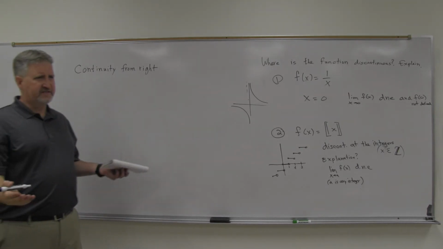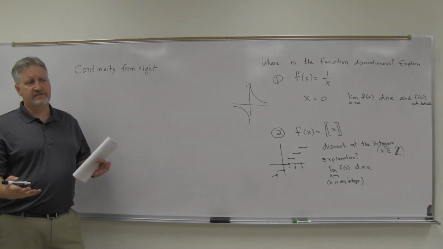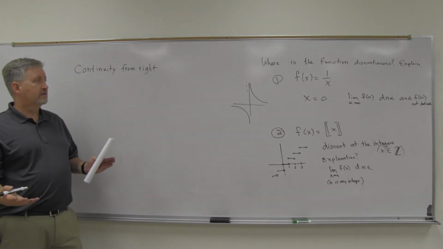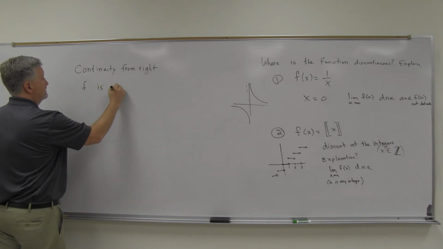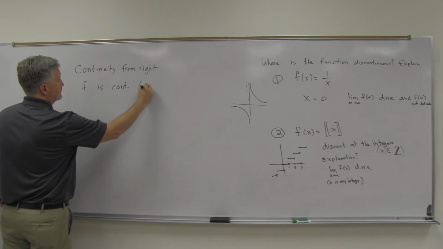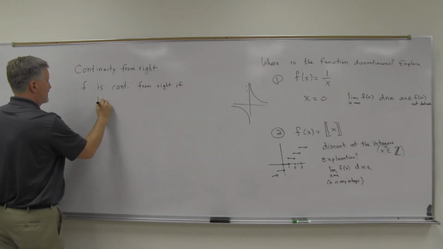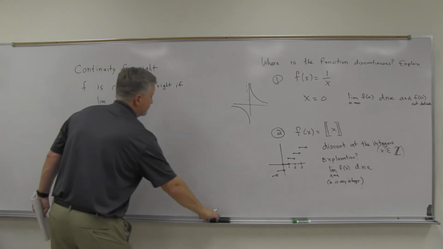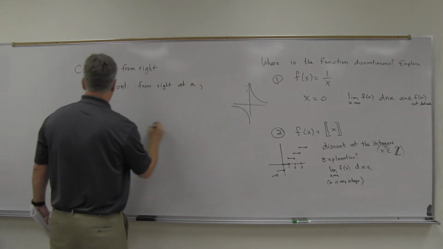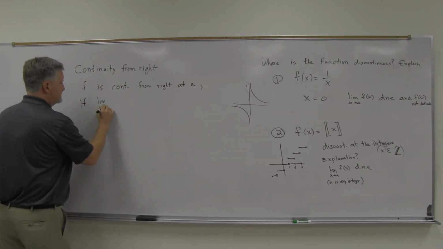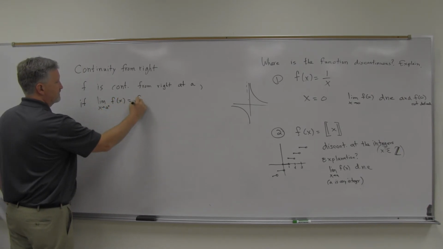If a function is discontinuous at a particular value, it could actually be continuous from the right. f is continuous from the right at a if the limit as x approaches a from the right of f of x equals f of a.